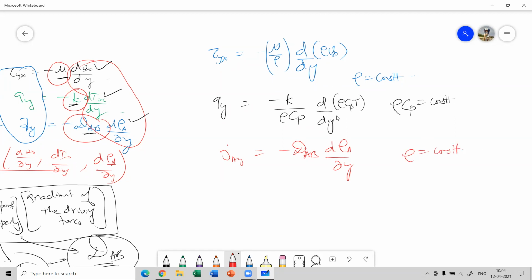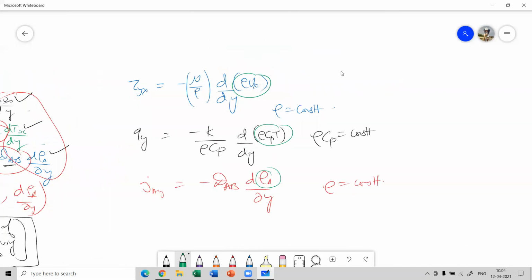Now if you look at these terms which are written over here, that is rho vx, rho Cp T, and rho A, what are these? So rho vx is nothing but your momentum per unit volume.